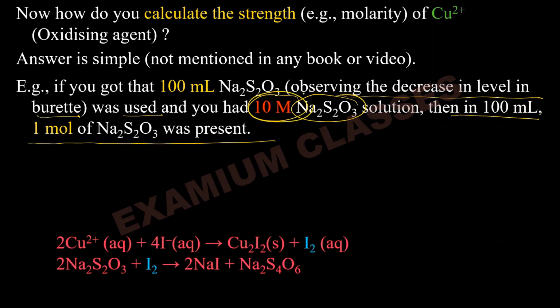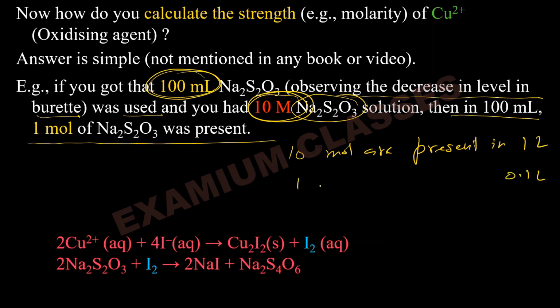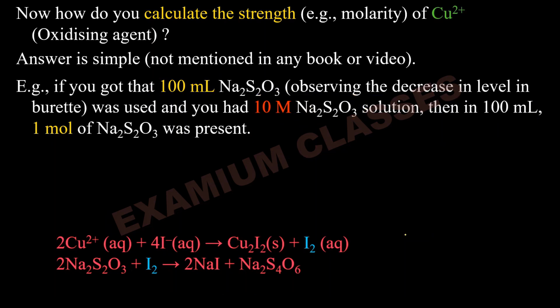If the molarity is 10 M, it means 10 moles are present in 1 liter of solution. But we have only 100 ml. 100 ml means 0.1 liter. So in 0.1 liter, it will be just 1 mole. I am applying the unitary method here. So we get the amount of sodium thiosulfate used.